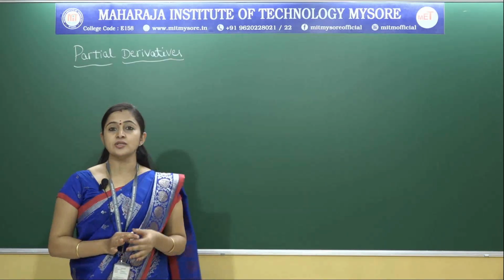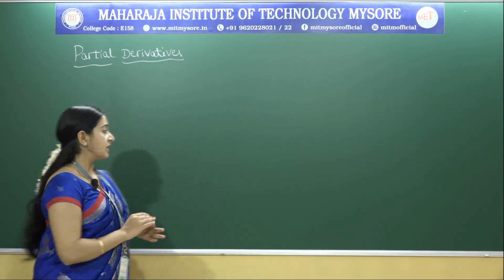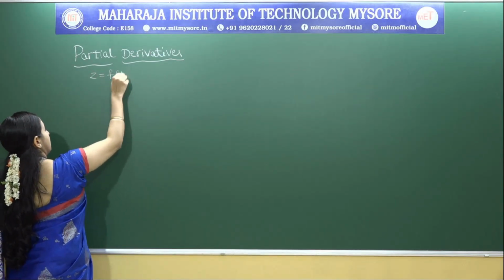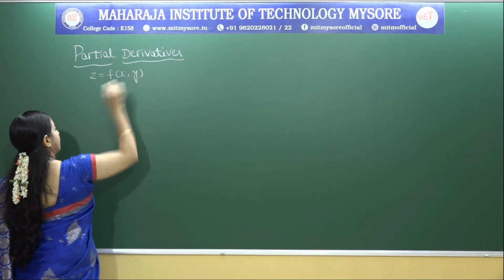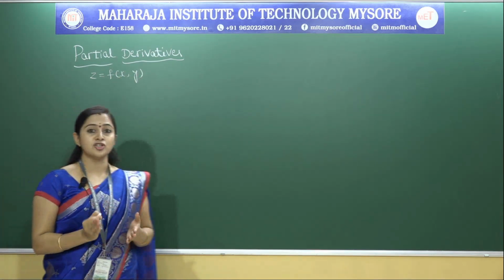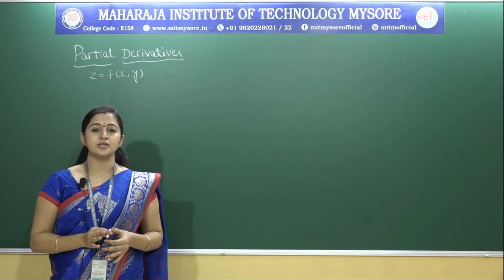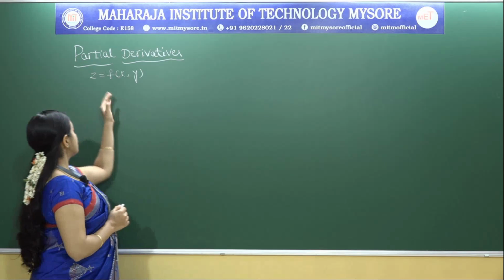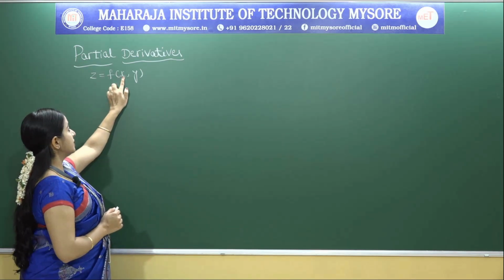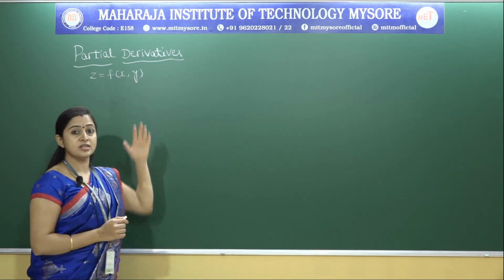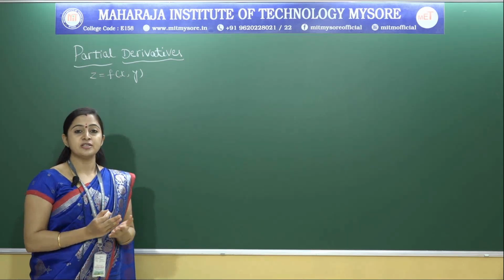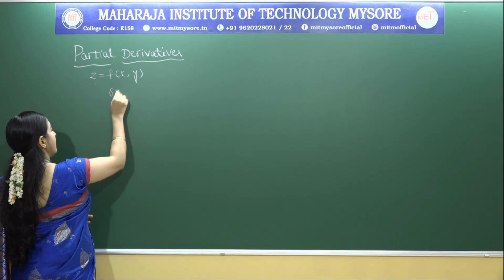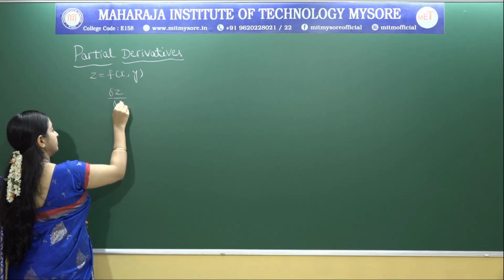Consider the function z equals f of x comma y, where z is the function, and x and y are the variables. The partial derivative means, suppose you differentiate z with respect to x keeping y constant, you denote it by del z divided by del x.